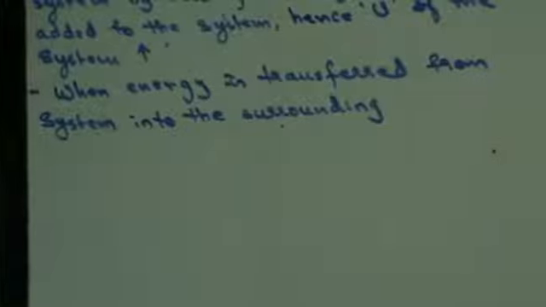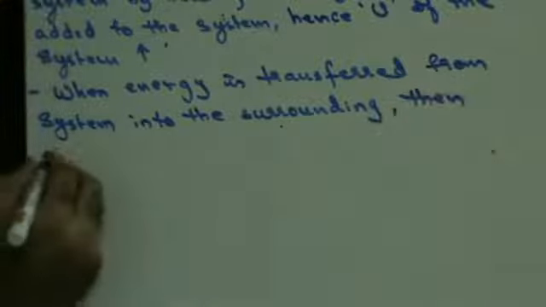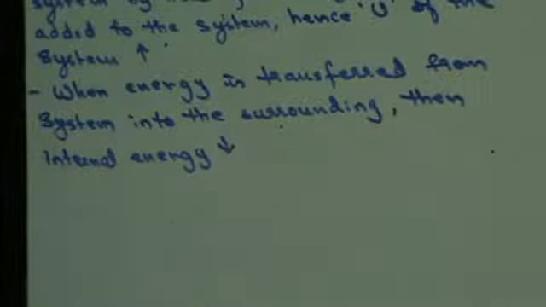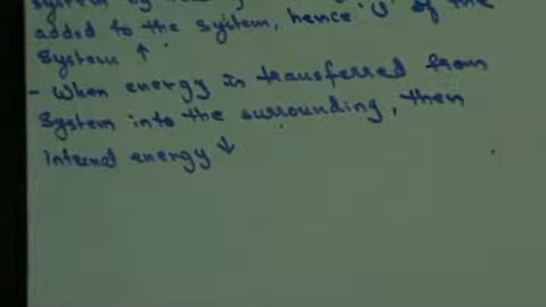When energy is transferred from the system to the surrounding, either as work or heat, then the internal energy decreases. So when heat is given to the system, the internal energy would increase. When heat is removed from the system, the internal energy would decrease. Right? Do we get this?